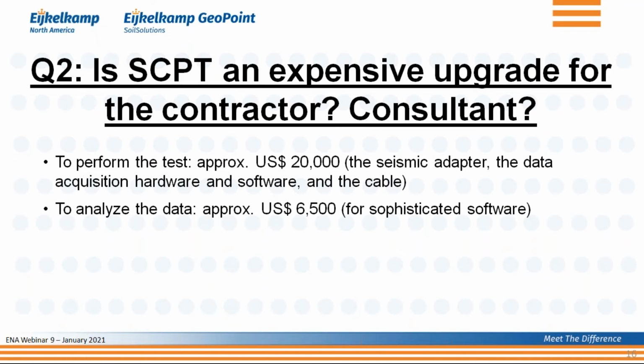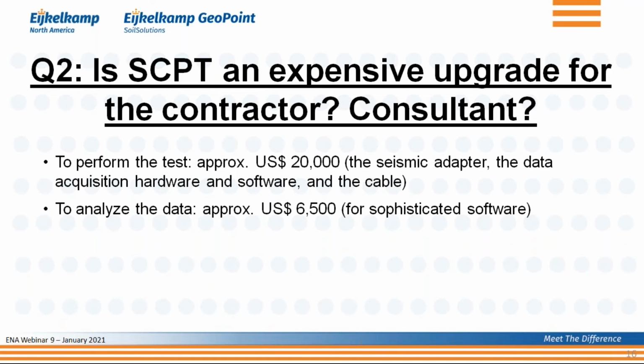And then if you want to analyze the test, because you also asked for the consultant, my recommendation is get a sophisticated software program that allows you to do filtering, that allows you to do the isolation of the seismic wave, and then you talk about roughly $6,500, or in Canadian dollars about 9,000 Canadian.